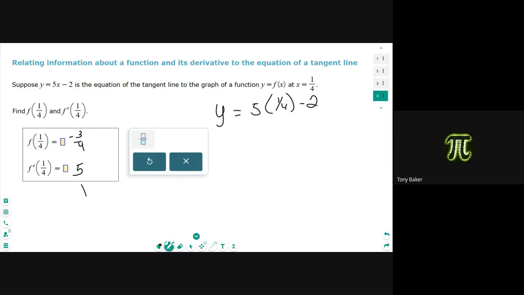So that right there is the slope, because that's how we figure out slope.